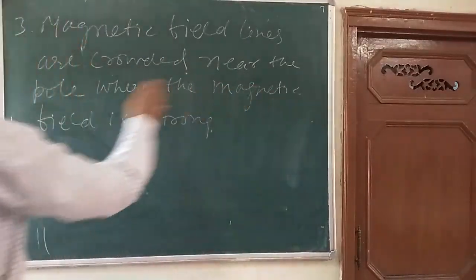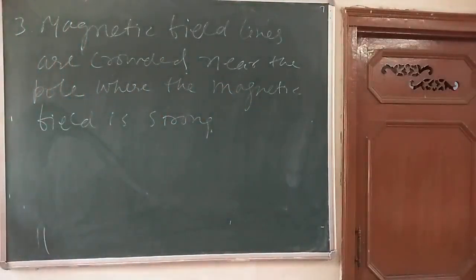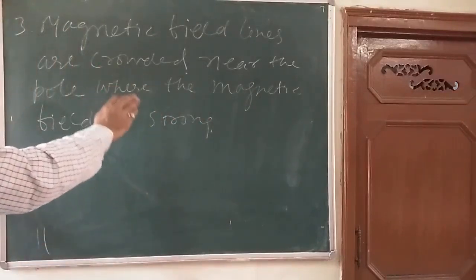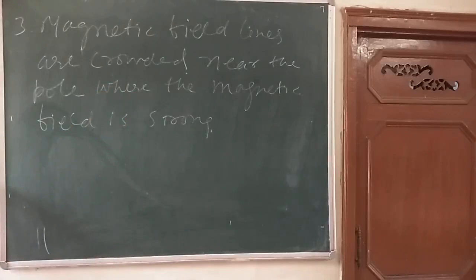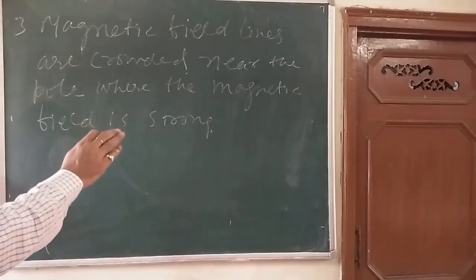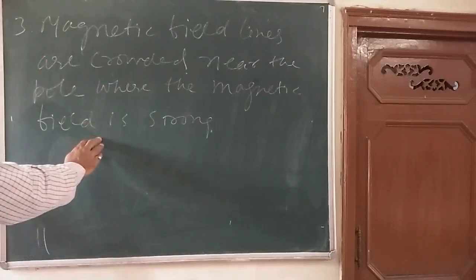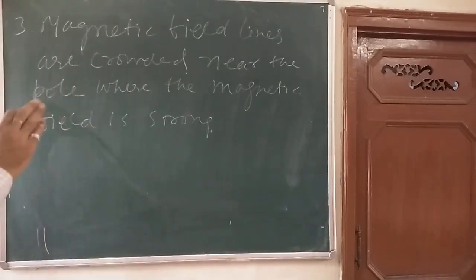Near the end of north pole and south pole we can see. And they are far apart near the middle of the magnet. So we can say, dear children, this is the third point. We can write the properties of magnetic field lines in this manner.